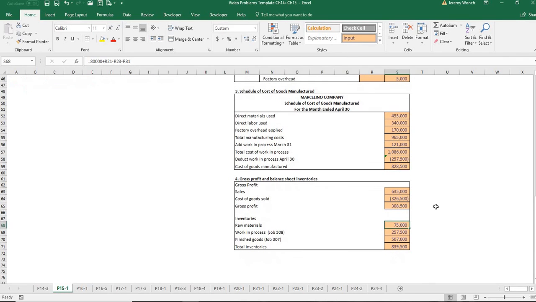And then we have our inventory balances.